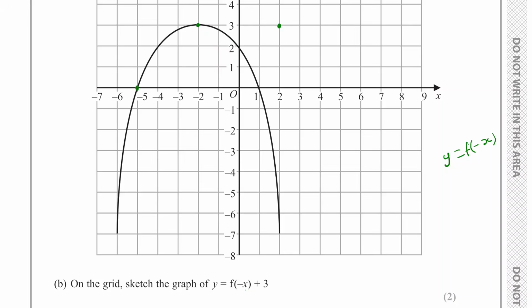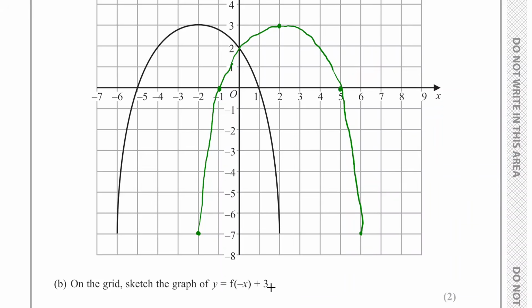A -5 would become a +5. A +1 would become a -1. So the graph would take the same shape. The +2 becomes -2. -6 becomes +6. And the graph would look like this. So that is a graph of y equals f of minus x.